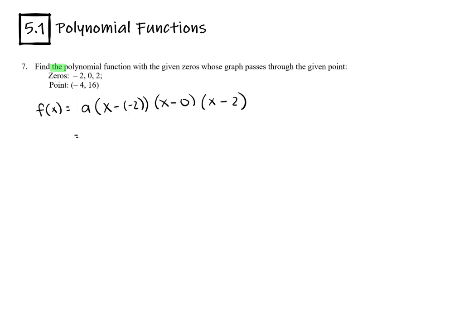And simplifying that, I get a times x plus 2, x, and x minus 2. I'm going to multiply that out.